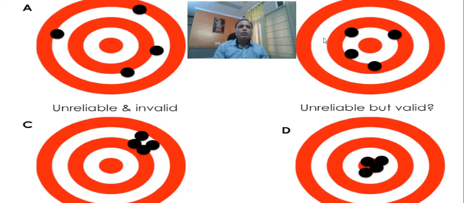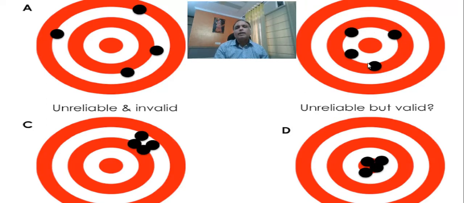Now comes to B point. This one is the B, to the right side, upper corner. Here you can see they are very close to the first circle. Earlier they were away. Now they are very close to the circle, right?